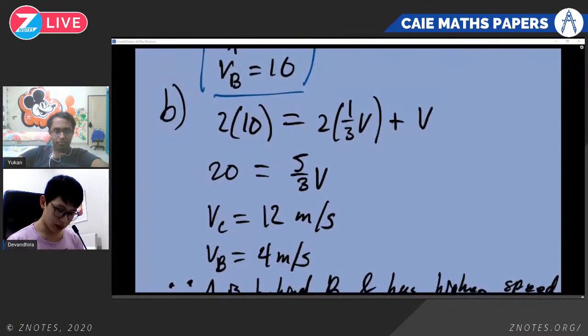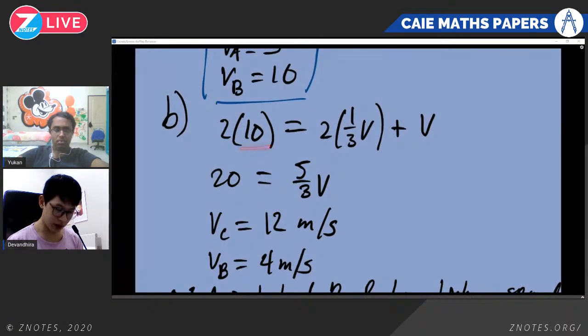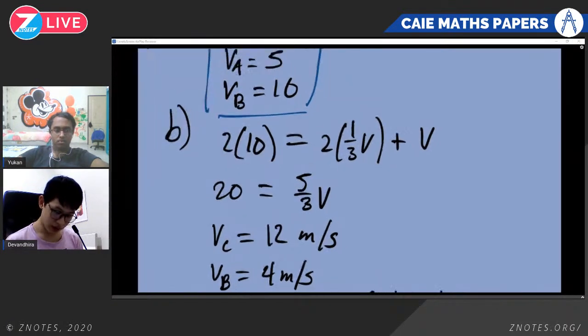This is our ball B here. It moves at 10 meters per second, and the mass is 2. And this is for ball B, because it says that it moves at one third of the speed of C, and this is our C. There should be a 1, but 1 kg is just 1, and 1 times anything is just that thing.